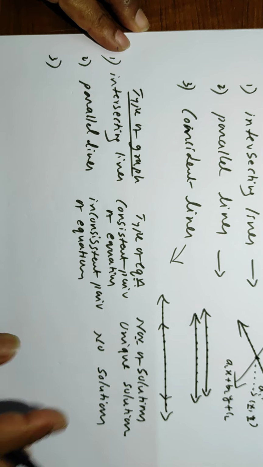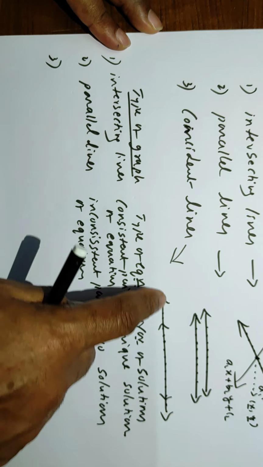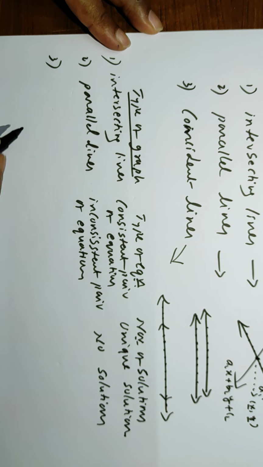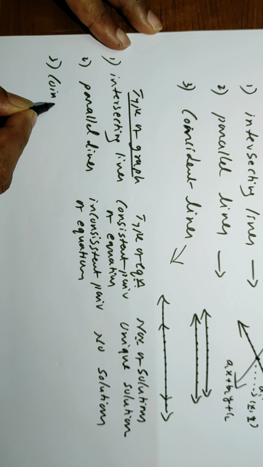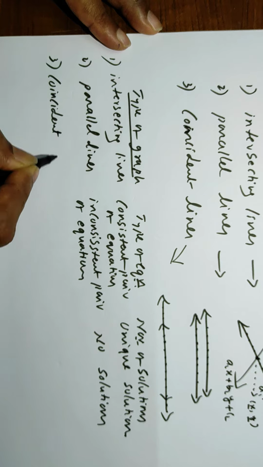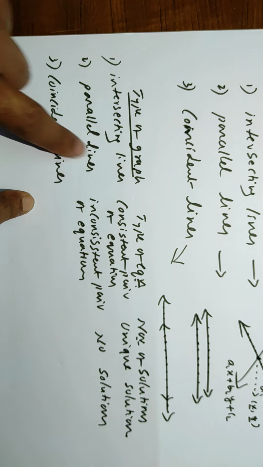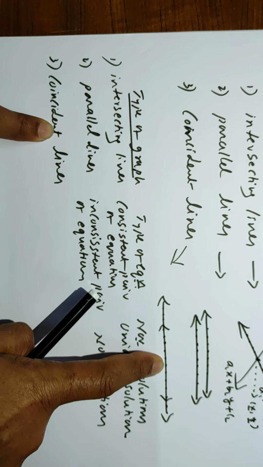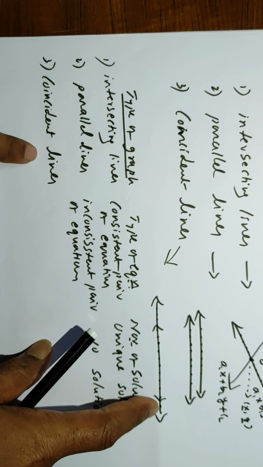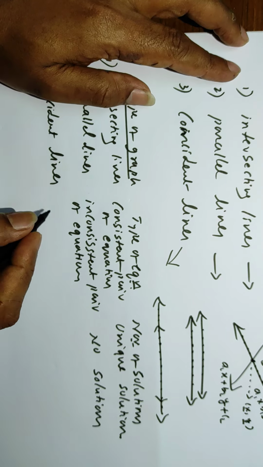Third one is coincident lines. One lies on the other. Coincident lines. Graph will be of the form like this. We call these lines as coincident lines.